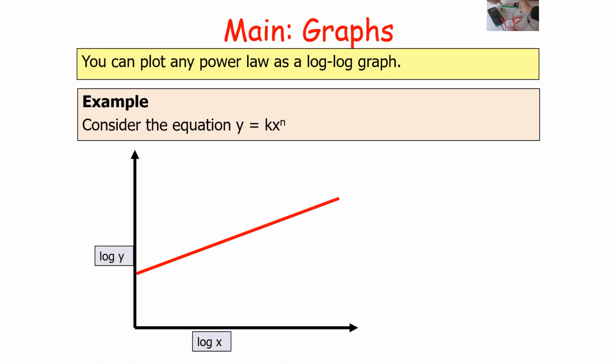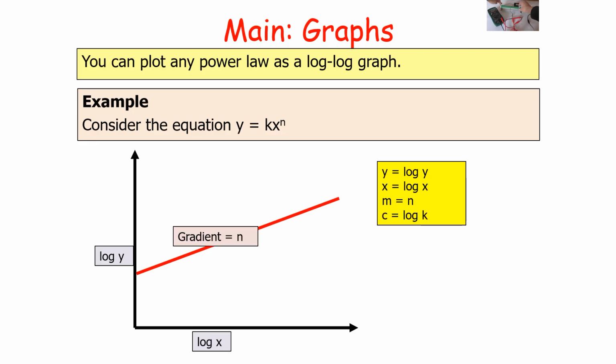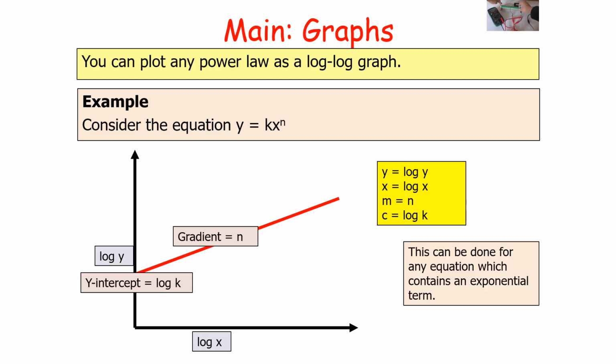So there we can see log y against log x, that we've got y equals log y, x equals log x, so therefore the gradient is going to be equal to the power term n, and also we can say that the y-intercept is going to be equal to log k, the log of the term that's multiplied by x to the power of n. So again, this can be done for any power law equation, and we call this a log-log graph.